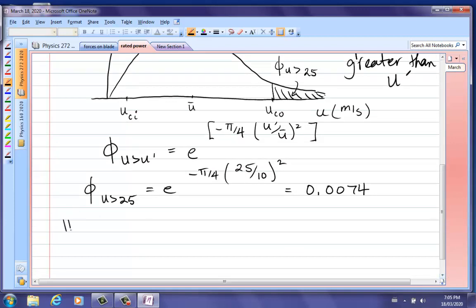The number of hours in a year is equal to 8,760.